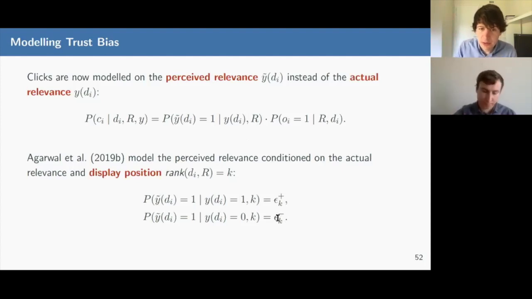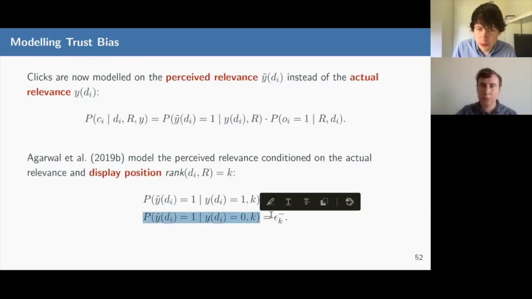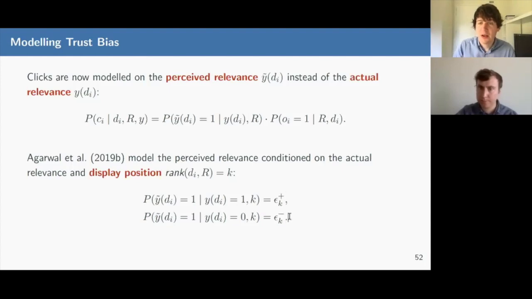And epsilon k minus is for when they think the document is relevant, but it's actually not relevant. So this is the probability that we have an incorrect click, and the other is the probability of having a correct click. So does this mean that if these epsilon values are the same for all k, we would be back at the original position bias model?